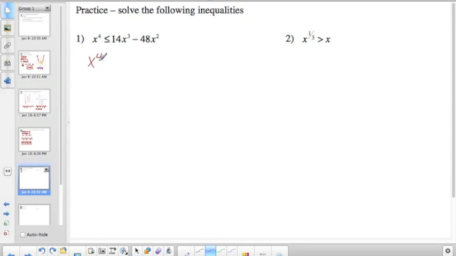So x to the 4th minus 14x to the 3rd plus 48x squared less than or equal to 0.